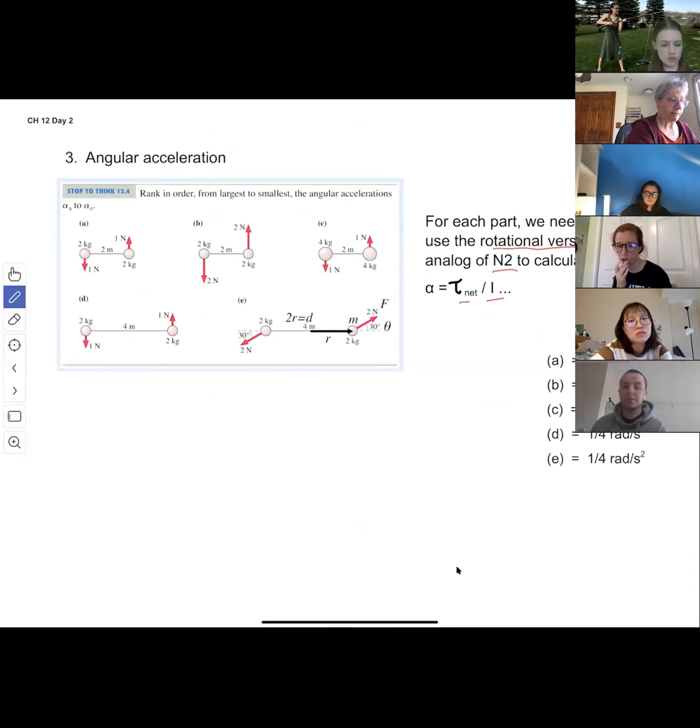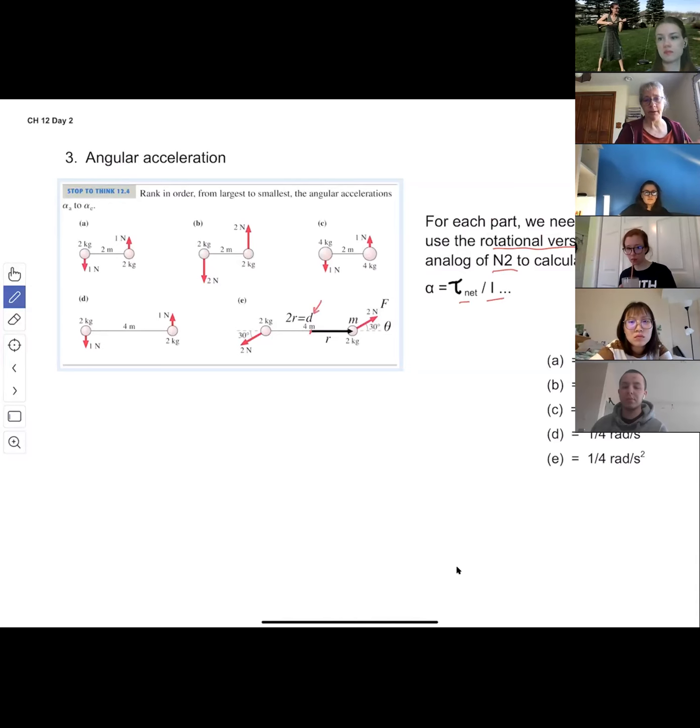So very briefly, for this particular problem, all of these pictures have something in common. It's all 2 point masses, 2 balls connected by a distance. Let's refer to that distance they gave you as d, and let's define r, the distance from the center, as being half of the distance that they gave you.